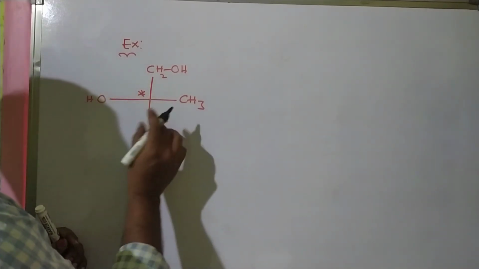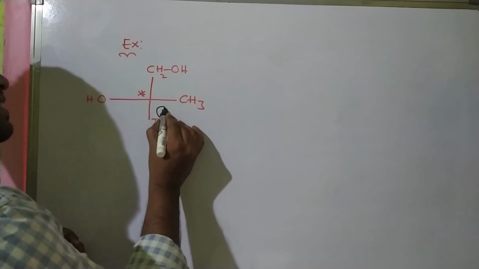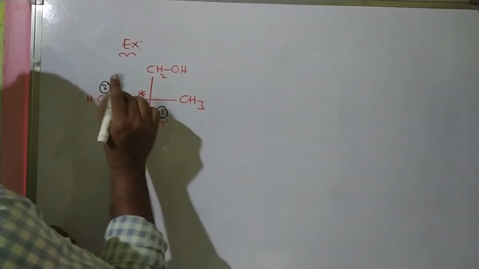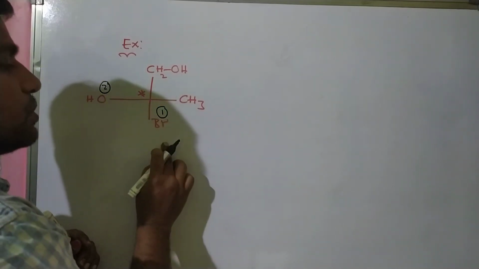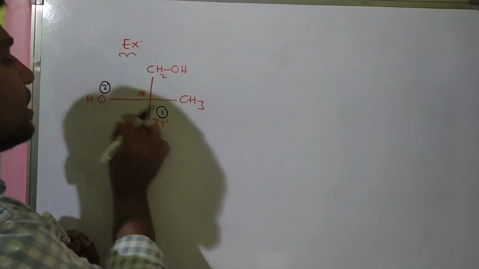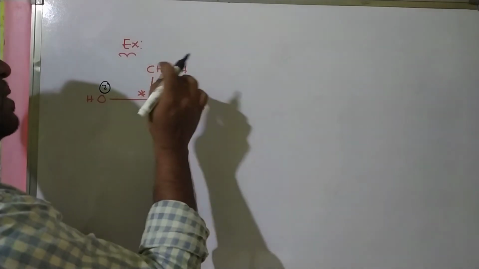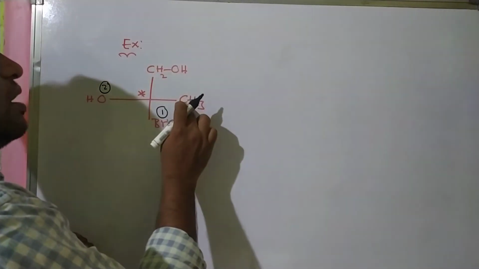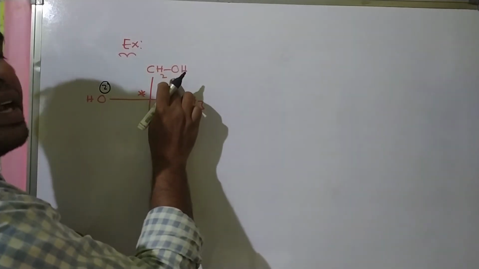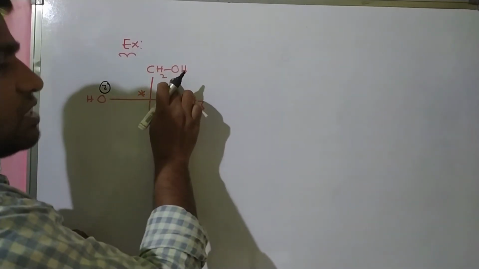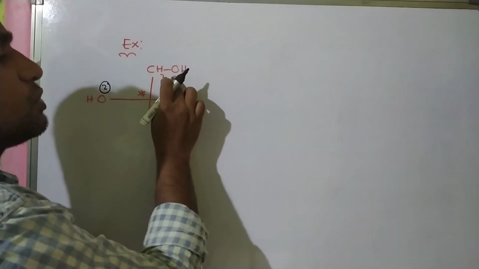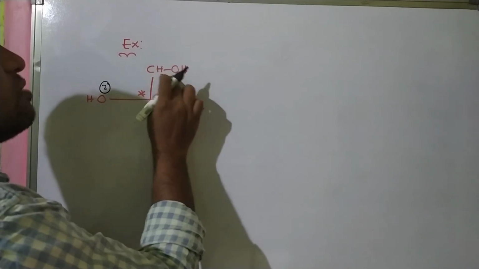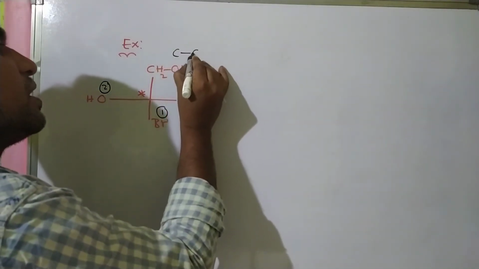Bromine atom will get first priority. Now this is oxygen, second priority. According to atomic numbers, bromine has the higher atomic number and then oxygen. Now here carbon, these two are carbons. The first atoms are carbon. Now we will look at the second atom immediately. Here the second atom is oxygen. Here there is no second atom. Understanding? So here CO means C is bonded with oxygen.